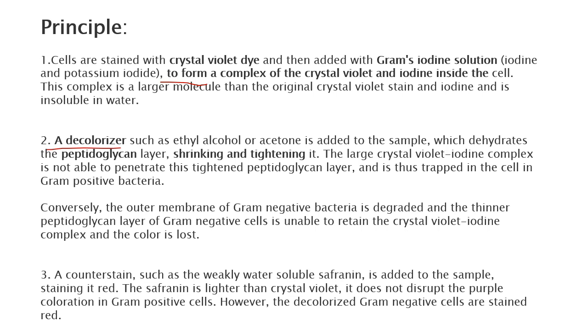Then a decolorizer like alcohol or acetone dehydrates the peptidoglycan layer, and the shrinking and tightening causes the large crystal violet to run away from the gram negative cell, but the gram positive cell retains this because of the difference in peptidoglycan layer thickness. So after losing the crystal violet iodine complex, counter stain reaches inside the gram negative cell, and the gram negative cell retains the lighter color of the counter stain. You can take a screenshot of this principle to write down in your exams.